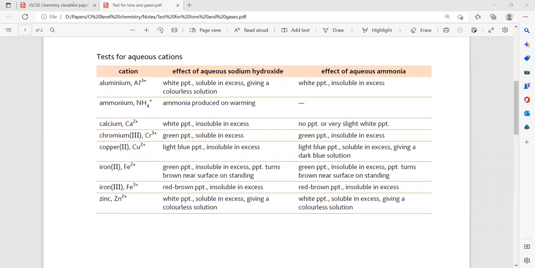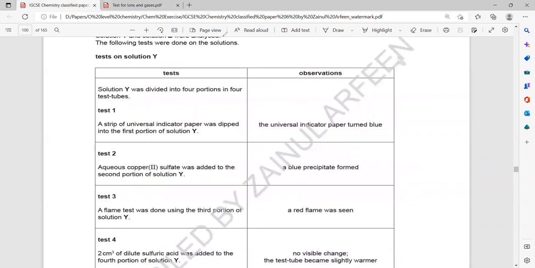So when you check here, when we add copper 2 sulfate, it is forming a blue precipitate, meaning blue solid. What does this give an indication of? Is it sodium hydroxide or aqueous ammonia?